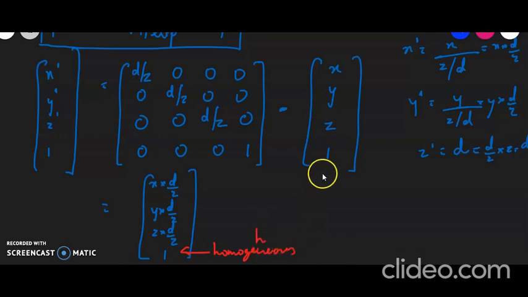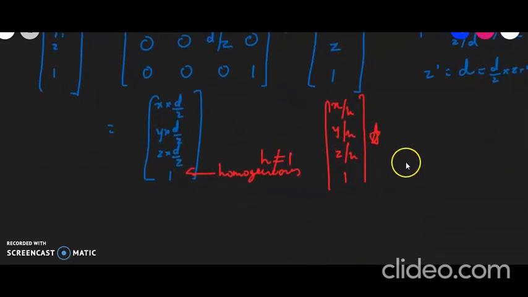Now if H is 1, then my case is solved. But if H is not equal to 1, how do I put this value? If H is not equal to 1, then my final value becomes X upon H, Y upon H, Z upon H, and a 1, that is H upon H. So I'm going to use this value here, right?